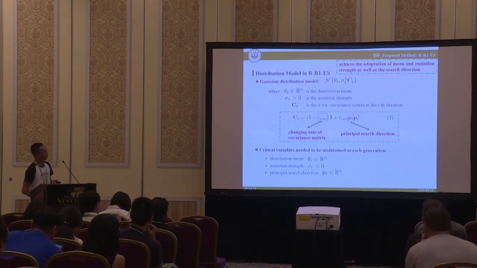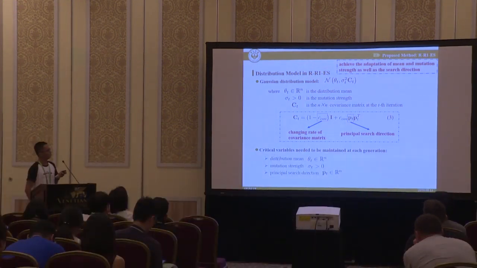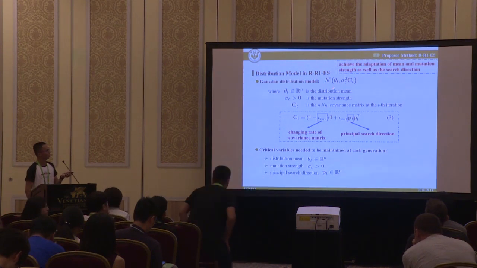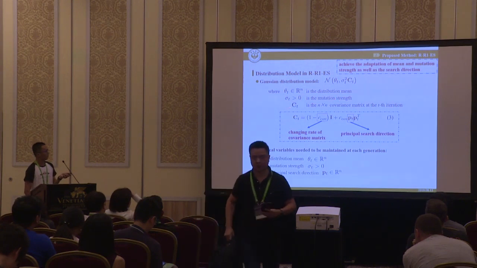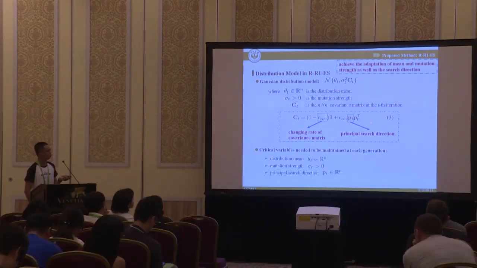Now we will illustrate our proposed method. Unlike all the existing ES varieties for reinforcement learning, our proposed method attempts to use the Gaussian distribution model, which involves the distribution mean, the mutation strength, and also the covariance matrix. The most important thing is that the covariance matrix is set by using the equation shown, which involves the principal search direction.